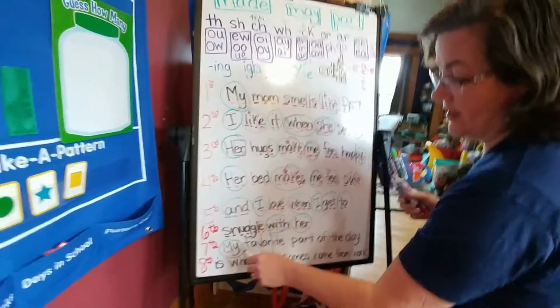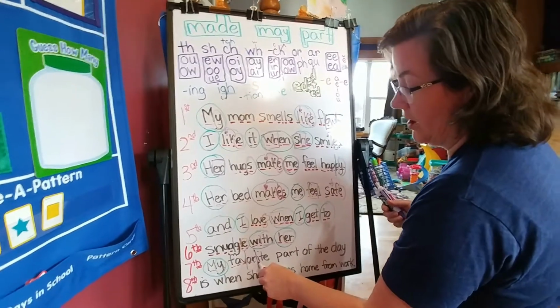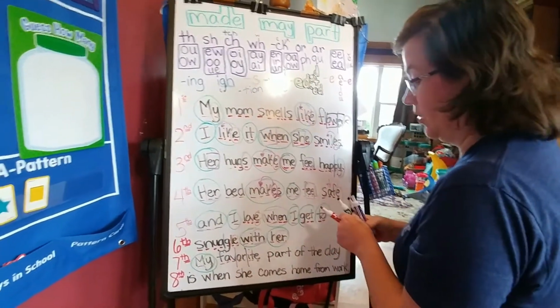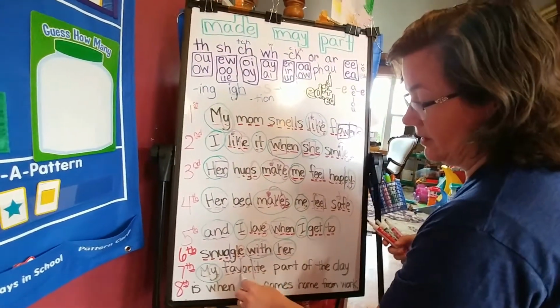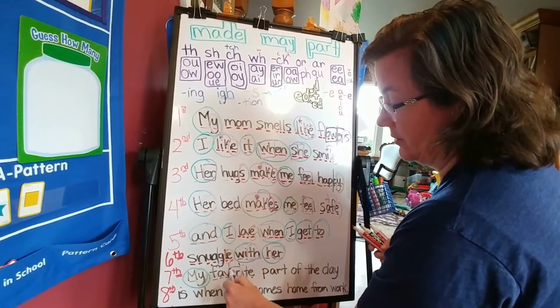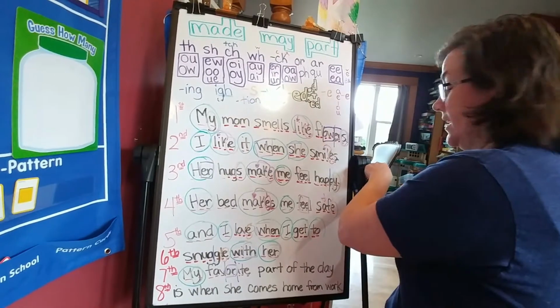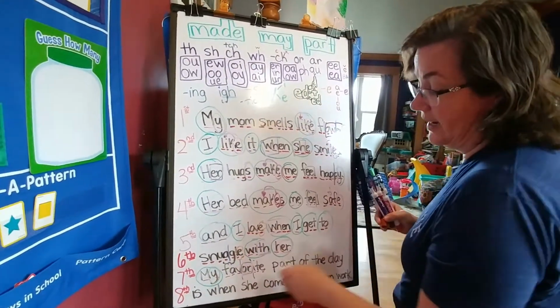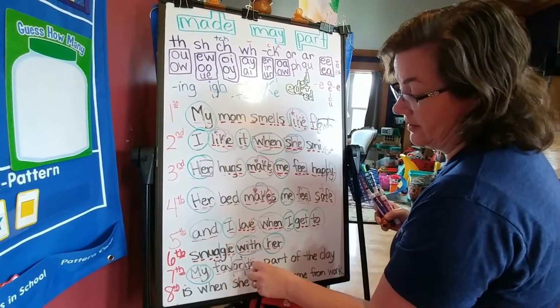Favorite, F-A-V-O-R-I-T-E. It has our O-R letter pair. My purple's running out. And it has a wonky E at the end. It's not making the I say I, it's favor it.